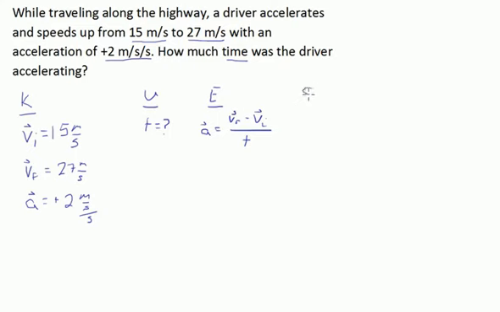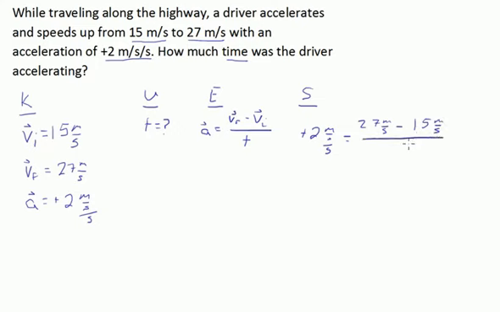Next we'll solve it out and substitute everything in. Positive 2 meters per second squared equals, see, our final velocity here was 27 meters per second minus our initial, which was 15 meters per second.